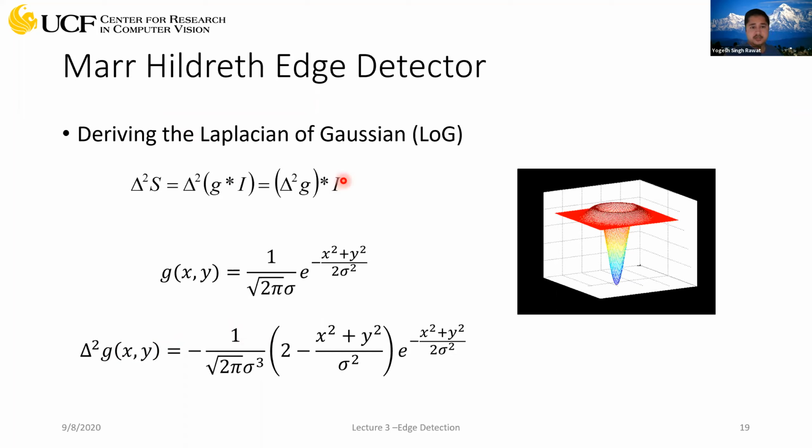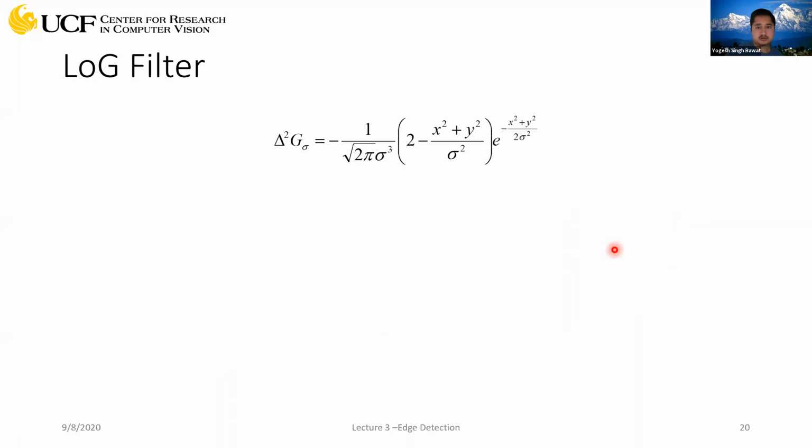Now, if you compute the Laplacian of Gaussian, this is something which you will get. And this is called the inverted Mexican hat. If you flip this upwards, it will exactly look like a Mexican hat. All right, so this is your Laplacian of Gaussian filter.